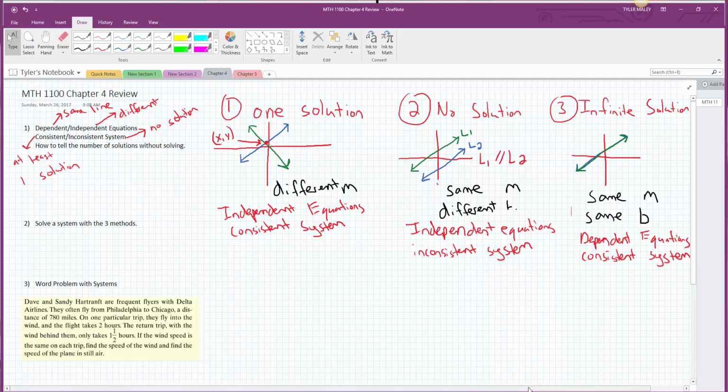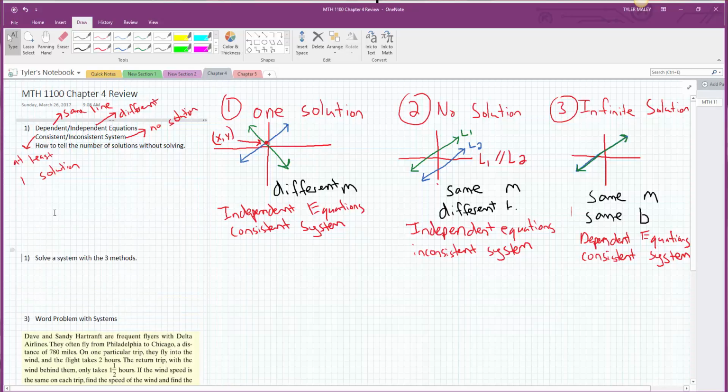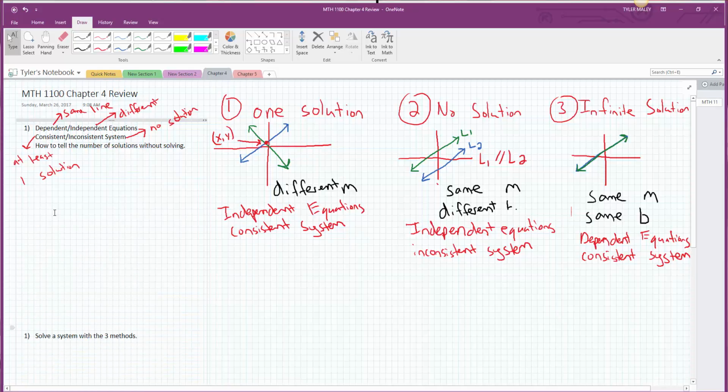Good. So those are those 3 scenarios. Pull this down a little bit. So I wanted to give a system and walk through how to tell the number of solutions without solving it, right? So let me pull one out of the book here.